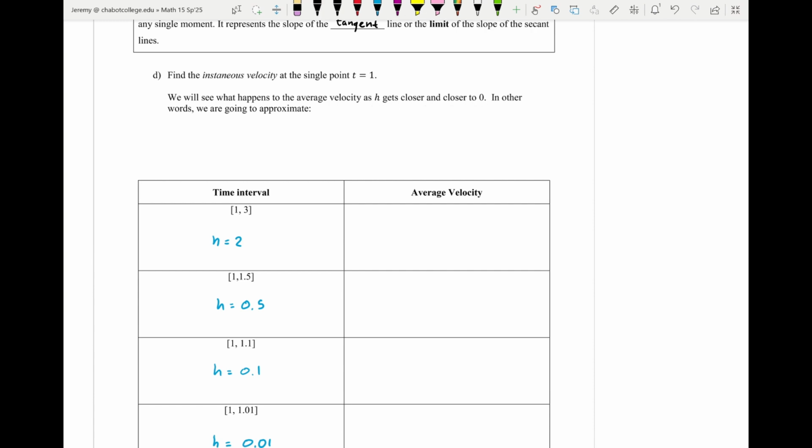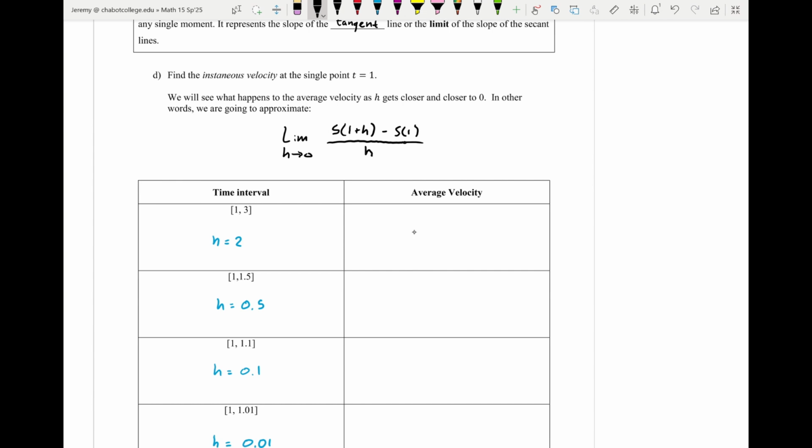So in other words, we are trying to approximate the limit as h goes to 0 of that formula that we just found a second ago, s of 1 plus h minus s of 1 over h.